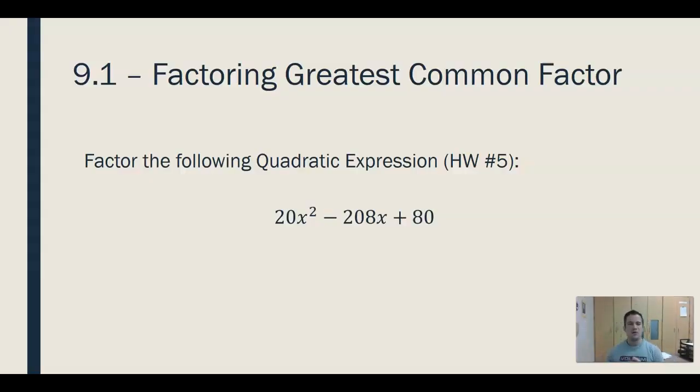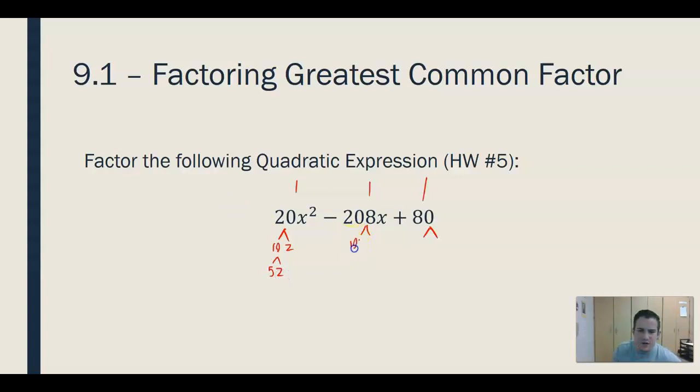Right at the beginning, we practiced factoring out a greatest common factor, which meant taking out what's in common between all three of these terms. So I'm going to factor each of these terms so I can recognize what each of them has in common. Here, this is 10 times 2, and then 5 times 2.